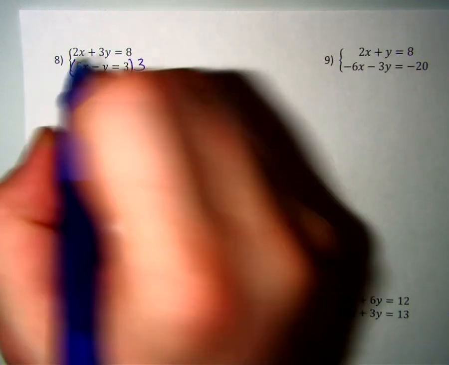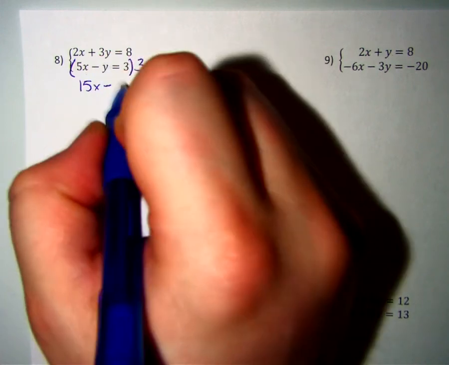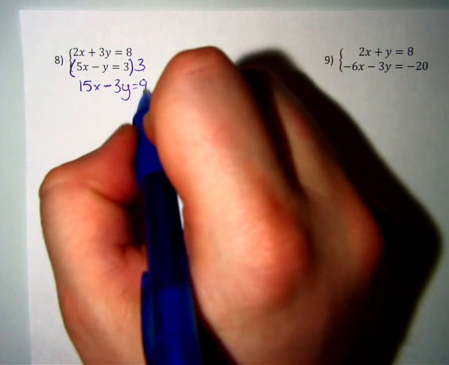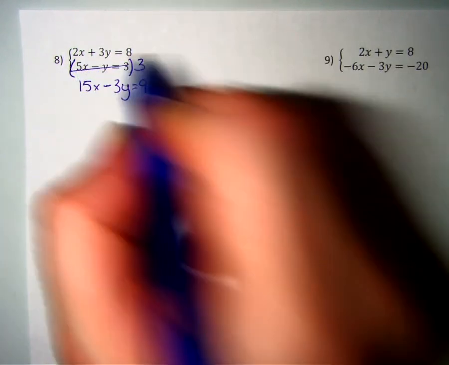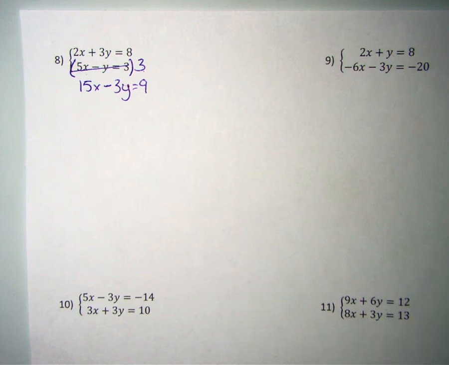So 3 times 5x is 15x, minus 3 times y is 3y, equals 3 times 3 is 9. And again, I'm going to cross that out lightly so we can come back to it later, but I don't want to feel like it's there and accidentally use it.